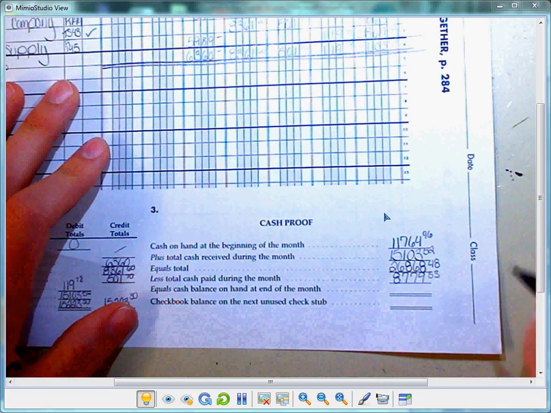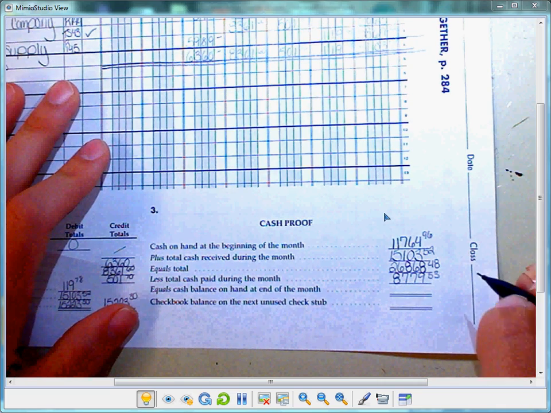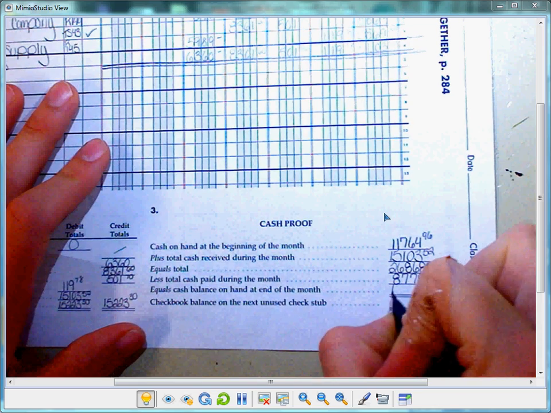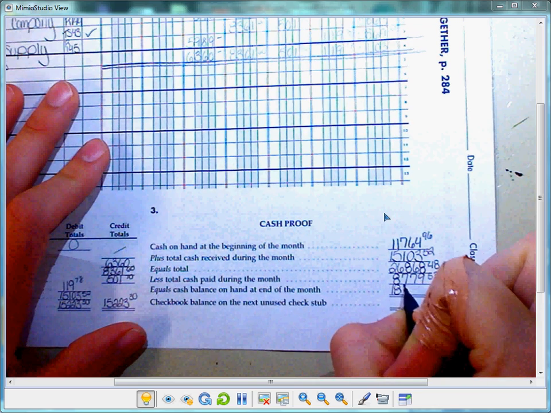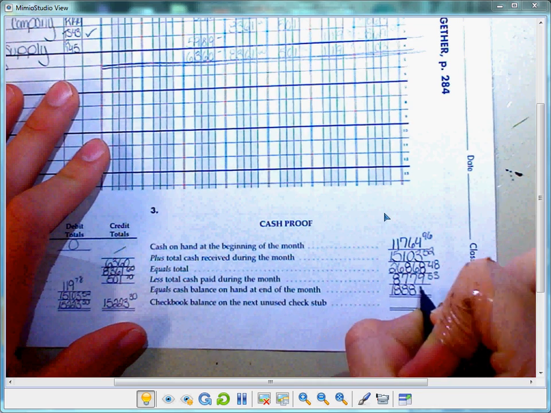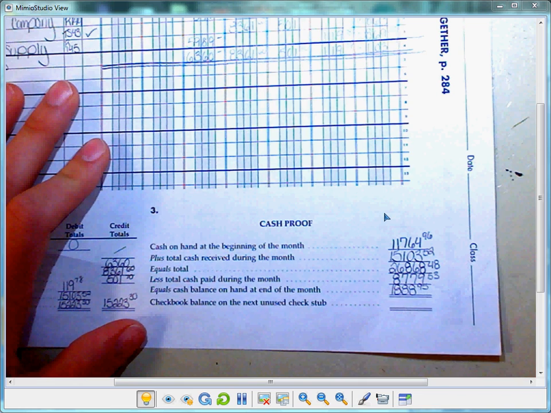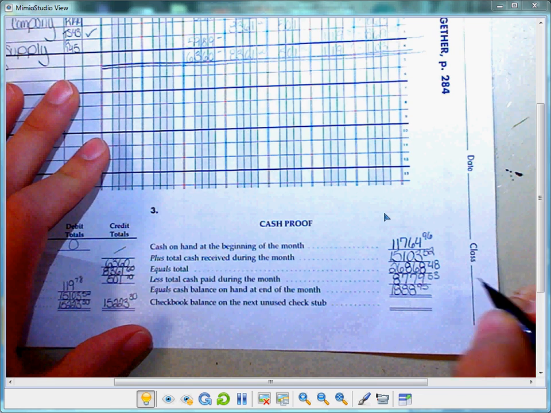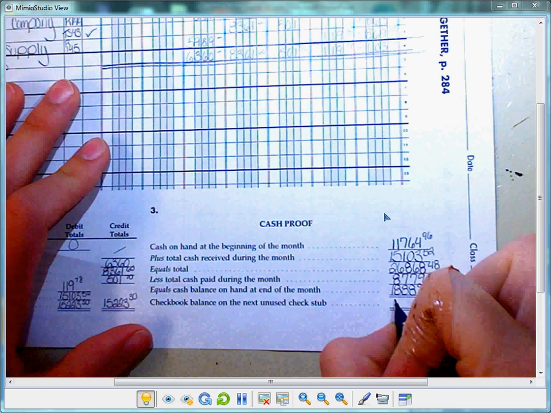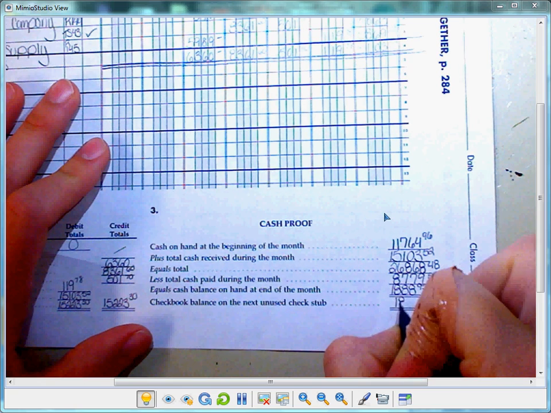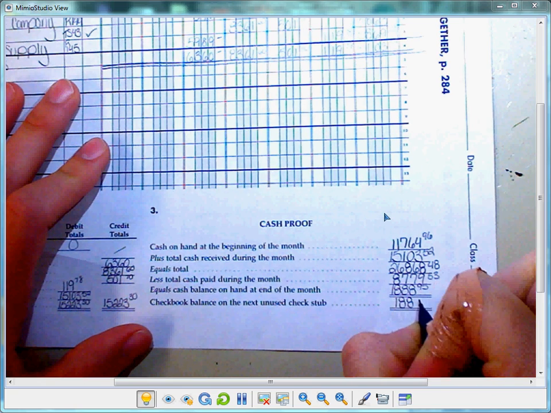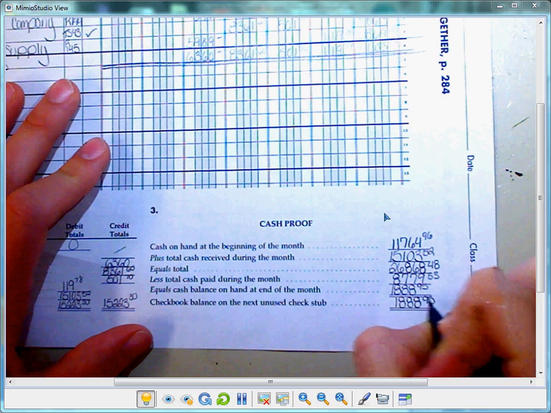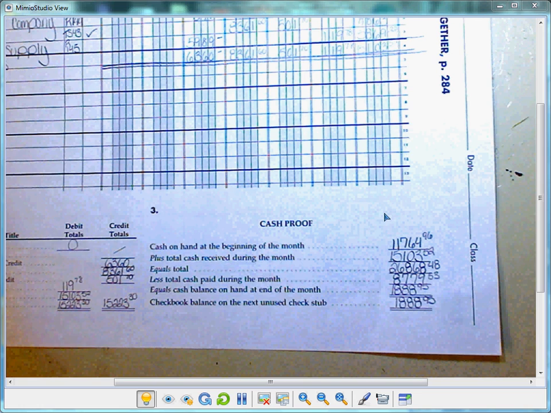And so our next line, that means we arrive at $18,088.95. And then they told us that our checkbook balance was $18,088.95. So if your last two numbers there match, then that means you did things correct.